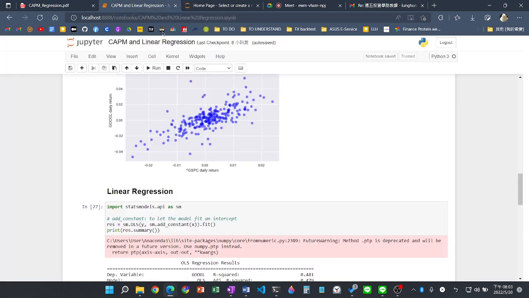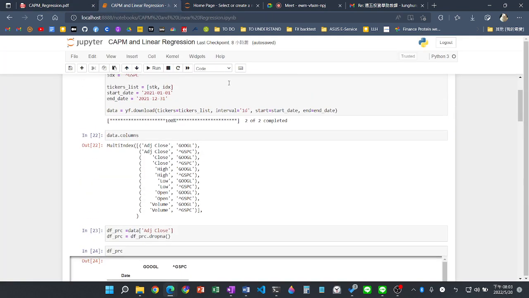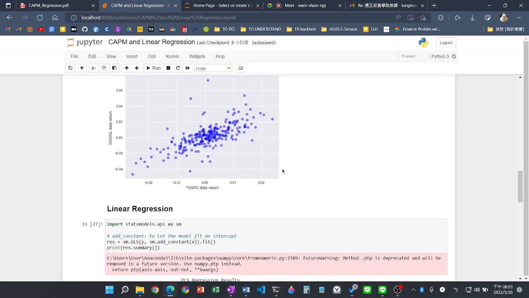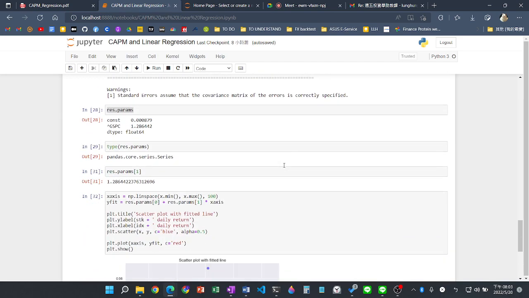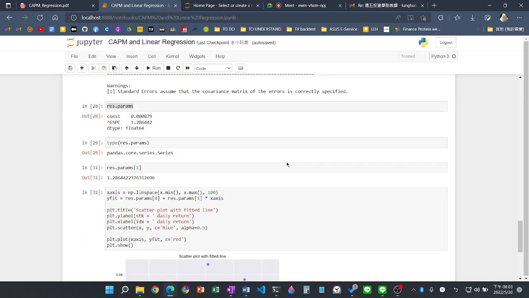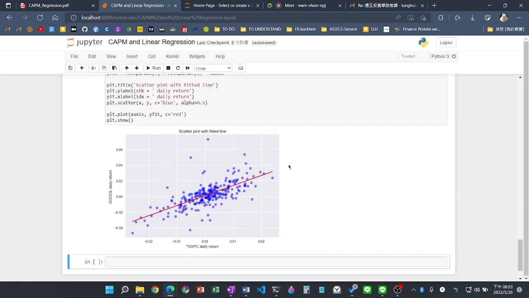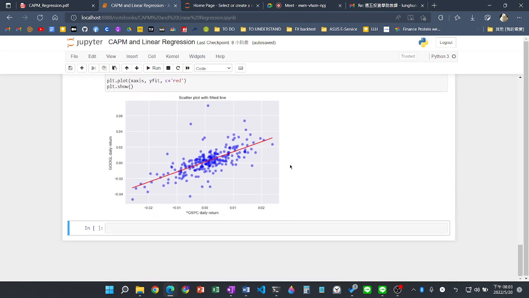And next, we tried to use real world data to test this theory and get a better understanding of CAPM. So that is the end of the tutorial, and I hope you have some findings here. Thank you very much.